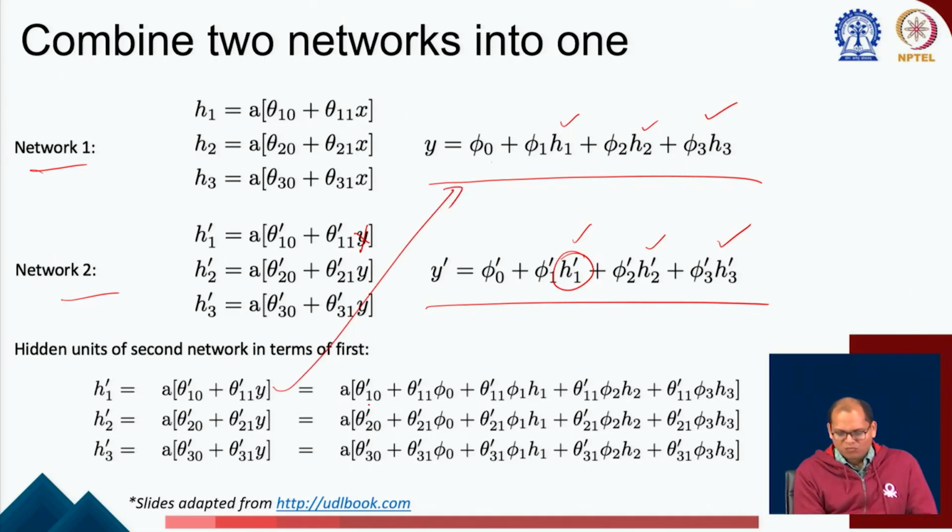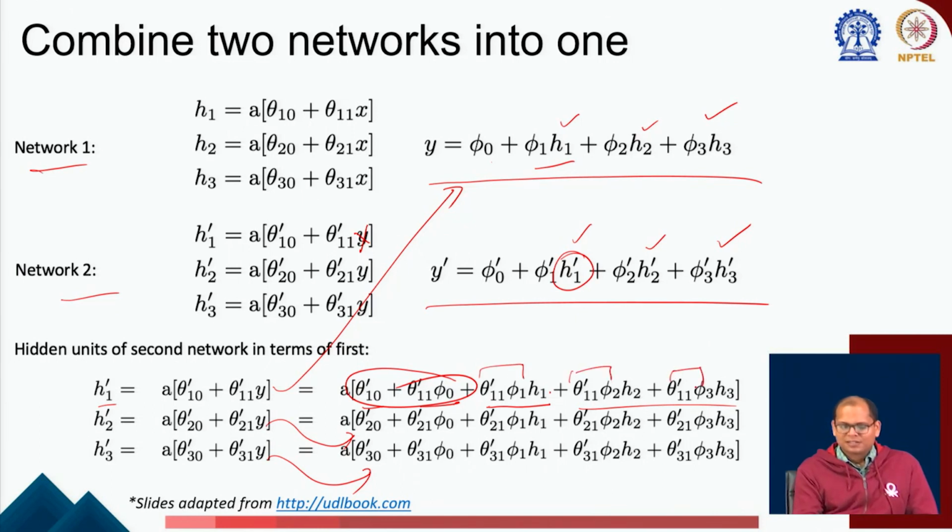So, I get theta prime 1 0 plus theta prime 1 1 phi naught, theta prime 1 1 phi 1 h1, right. So, I substitute, same here, I substitute for y. So now I don't have y anymore. I am writing h1 prime in terms of h1, h2, h3, right? And then I can do further simplification and call it a single bias parameter, and this also I call a parameter, right?